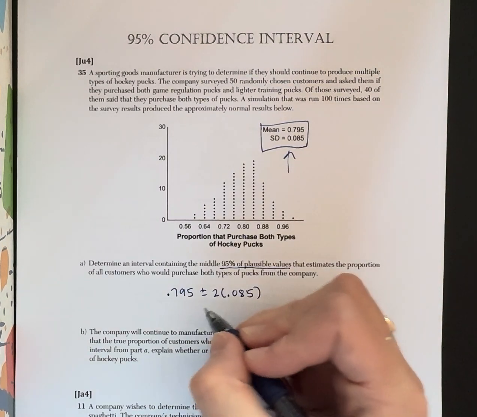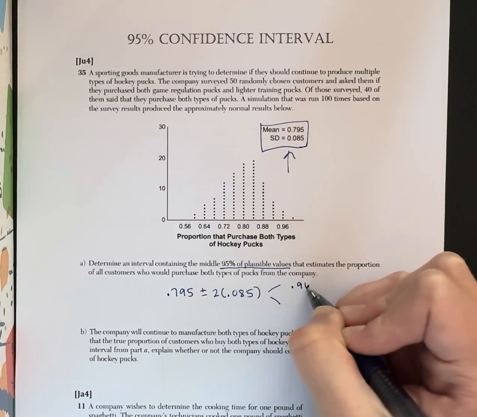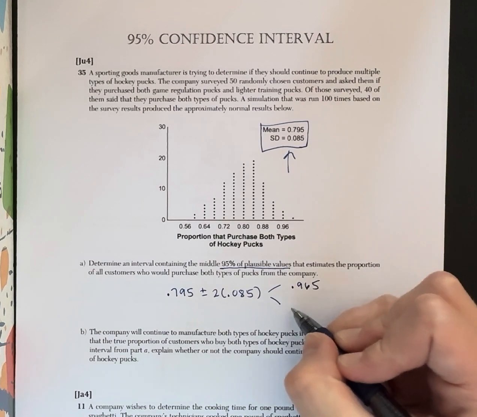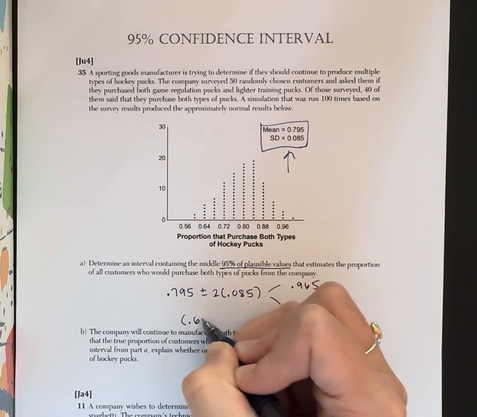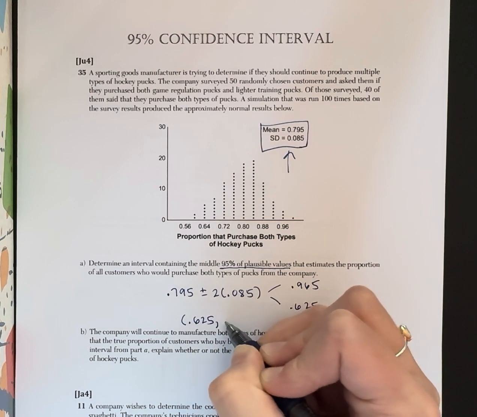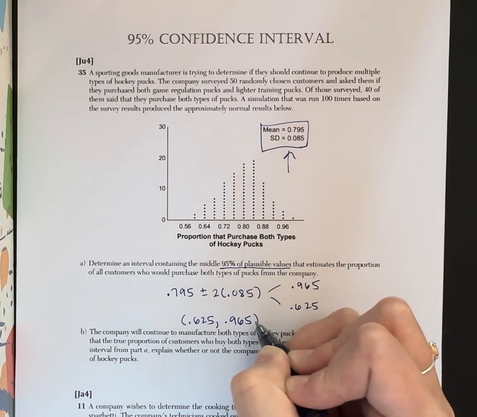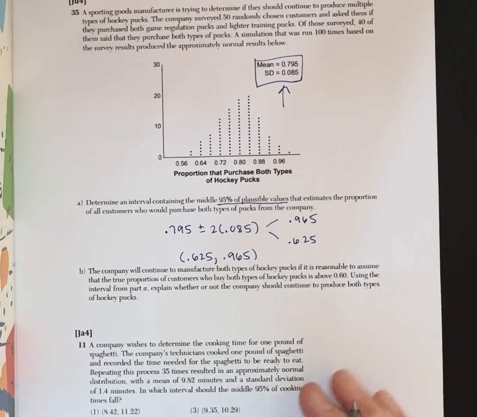This one does not tell us to round. So I got 0.965, and then I'm going to do that again. 0.795 minus 2 times 0.085 is 0.625. So my interval goes from 0.625, comma, 0.965. This is the lower number, this is the higher number, and then the interval contains everything in between.